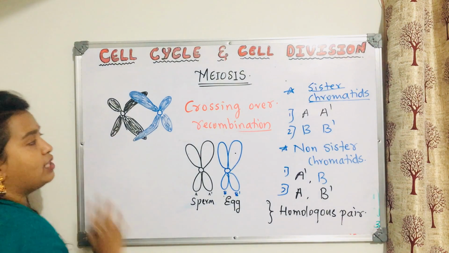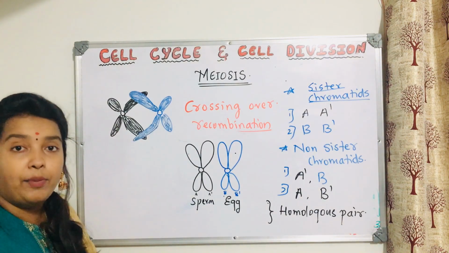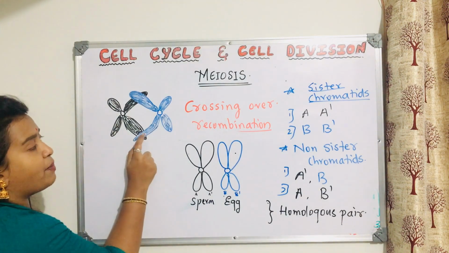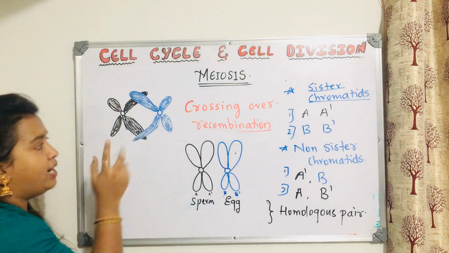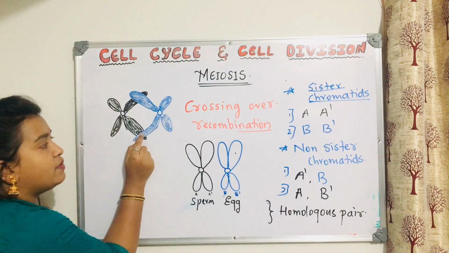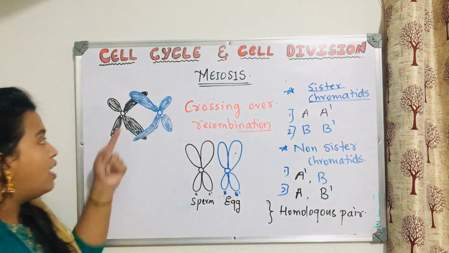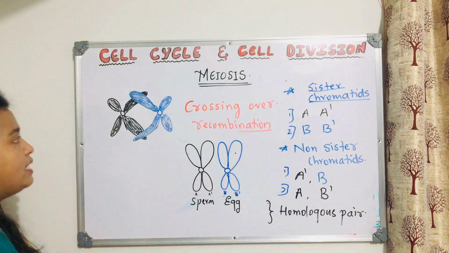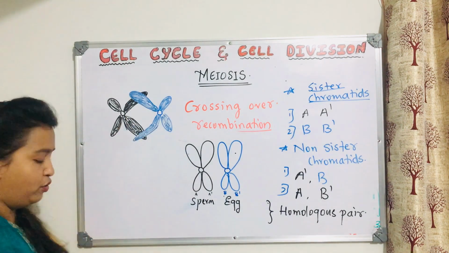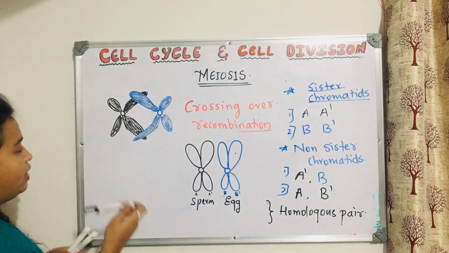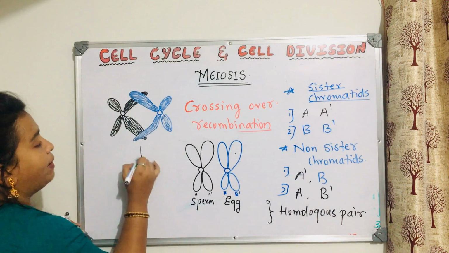But once the crossing over is done, the genes which are present in this part, which part has been crossed, the genes present in this one are exchanged with the other one. That means when you separate these two chromosomes, how will you be able to see the chromosome? I'm showing what will happen later on.